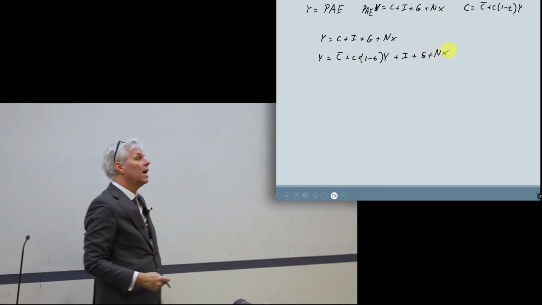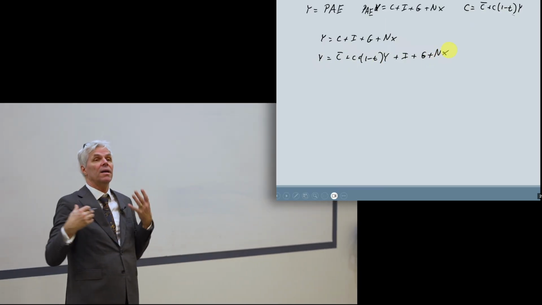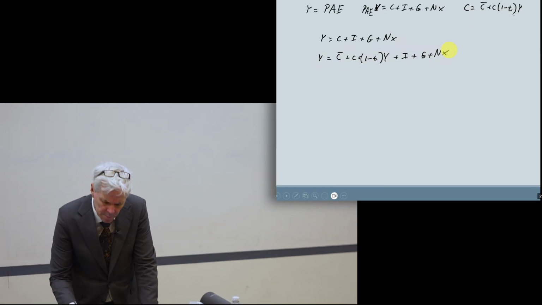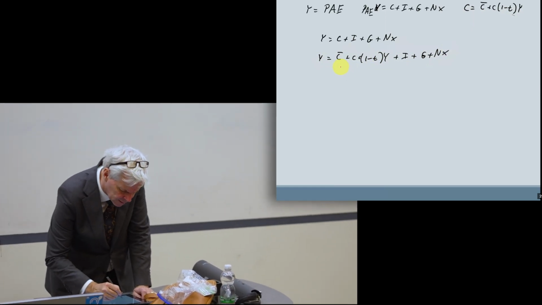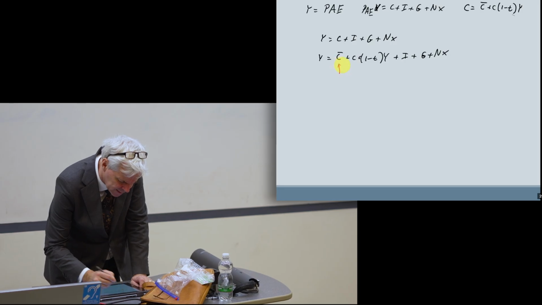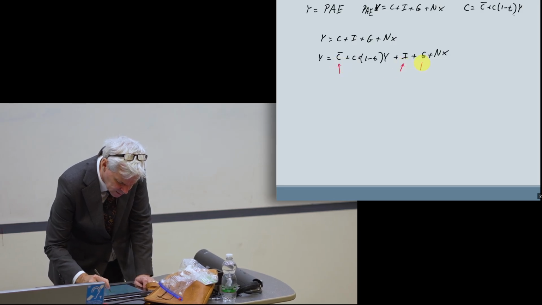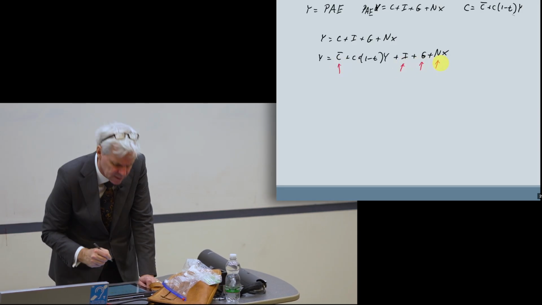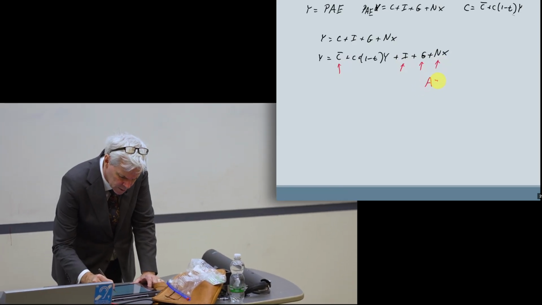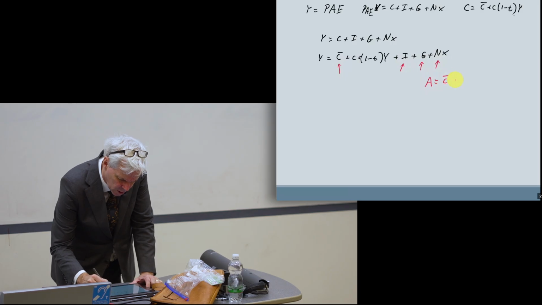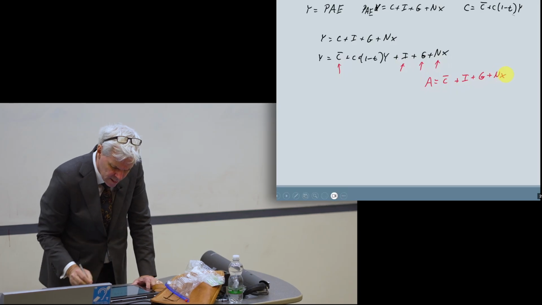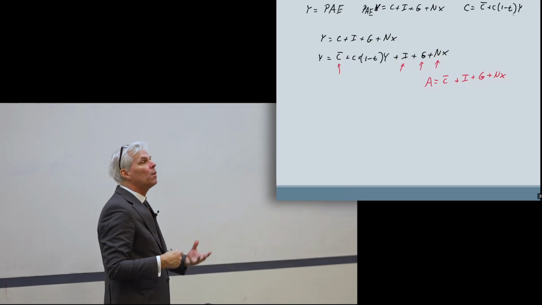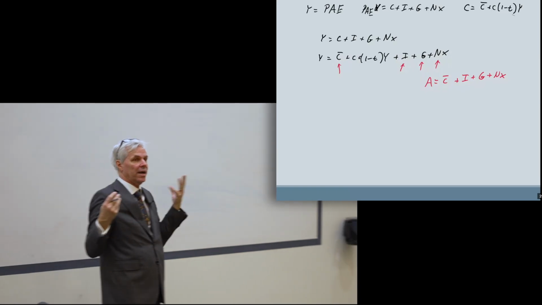And now I've got an induced part and I've got an autonomous part. My autonomous part is all the stuff that doesn't depend on y. So that's this, this, this, and this. None of these depend on y. So I'm going to have the autonomous part equals c bar plus I plus g plus net exports. That's all the things that we're not even hoping to explain in this little story.